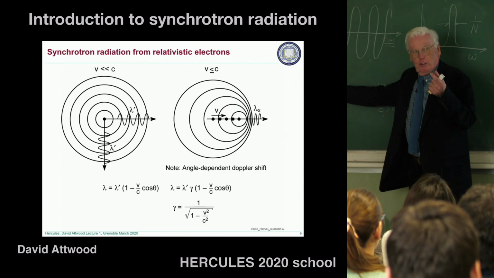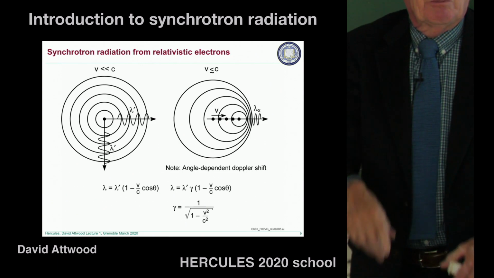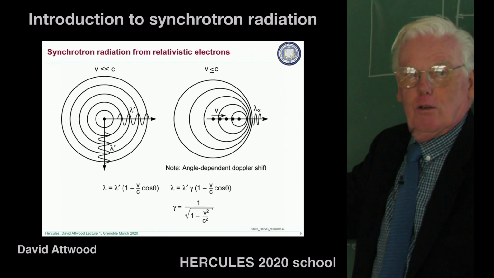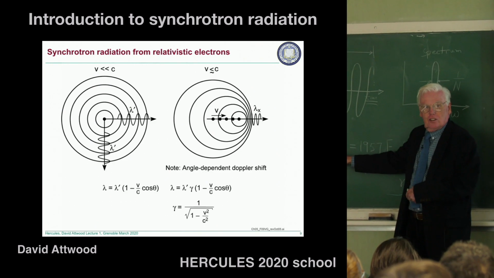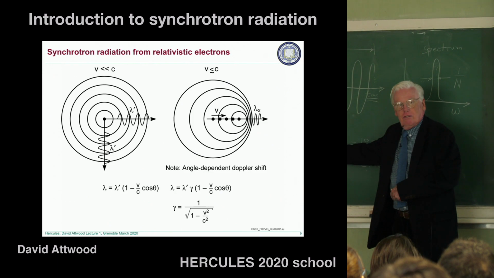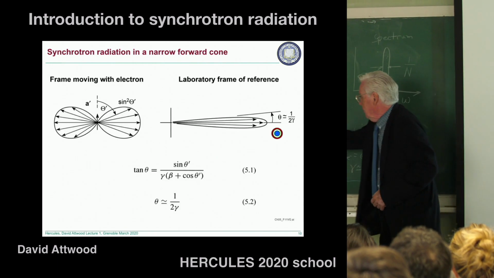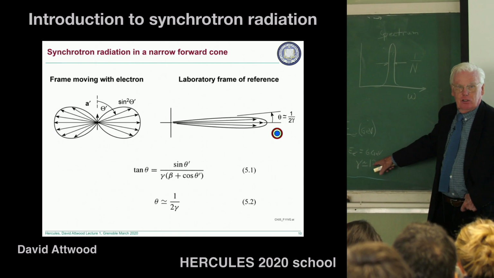Gamma is this contraction: the meter stick seems shorter when the rocket ship is going faster. It's 1 over the square root of 1 minus v squared over c squared. So when v gets very close to c, this factor gets very big. At ESRF, gamma is something like 12,000.